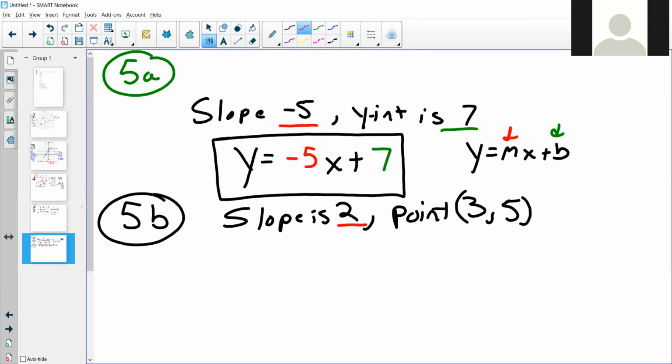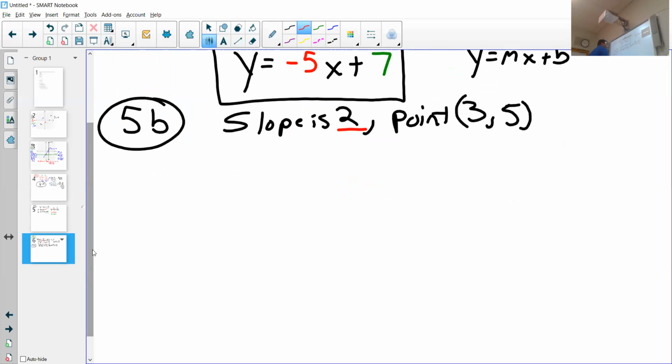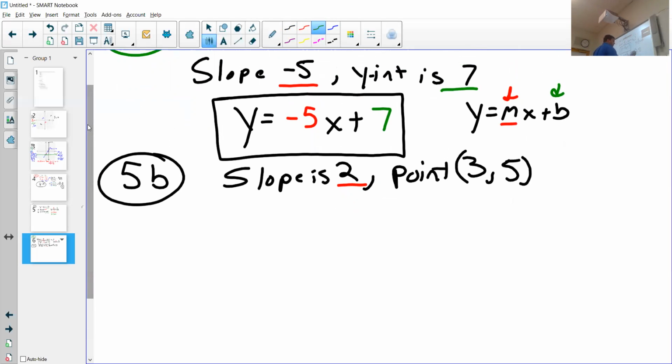How do you know that the slope is 2, Mr. Tobel? It's in the question, in part B of question number 5. Okay, I see it. So the slope is 2 and the point is (3, 5). So while we do have our slope in this case, we don't have our y-intercept. So we're going to have to spend time finding our y-intercept.